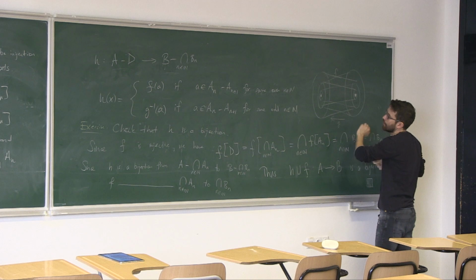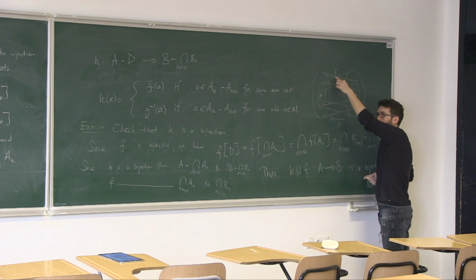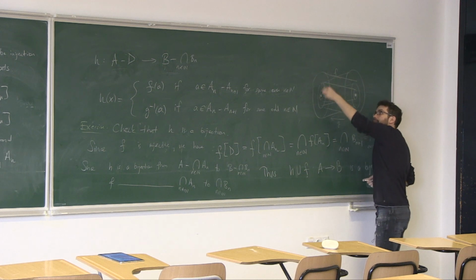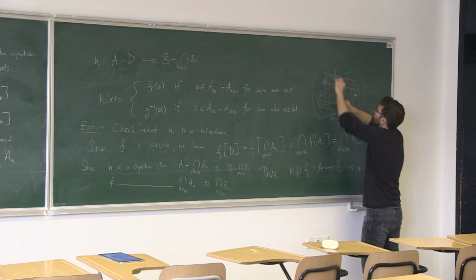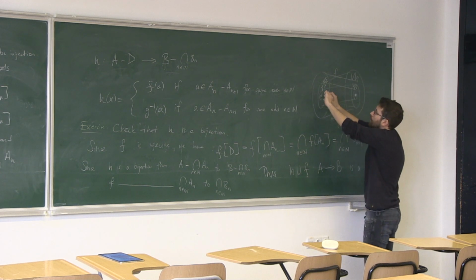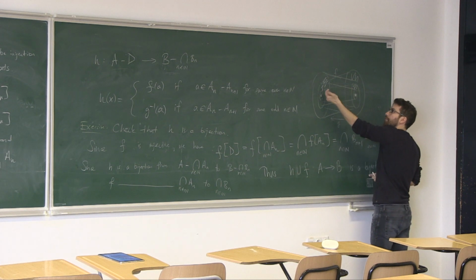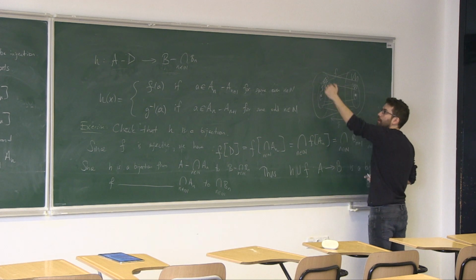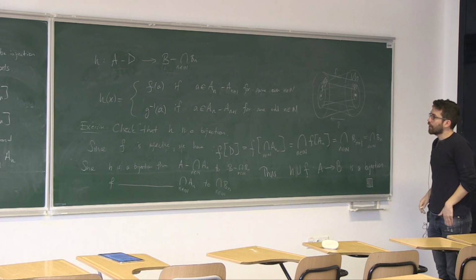Take the intersections. Now map this intersection to this intersection via F. For the remaining rings, what you do is you take this ring, you map it to this guy. You take this ring, you map it to this guy. And you go like this. Like you take two rings, you map one with F, the other with G inverse. And you keep doing that. At the end, you will exhaust all the elements, okay?